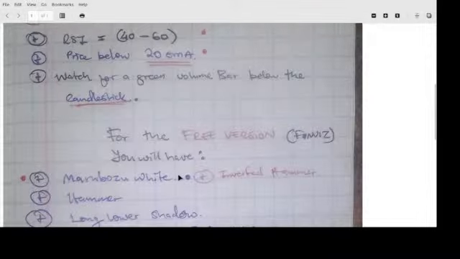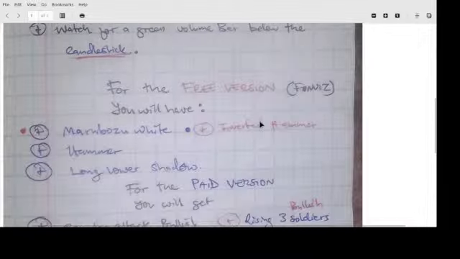Right now, this is all you're able to get on the free version: the hammer, the long lower shadow, and the inverted hammer. That's all you're able to get.